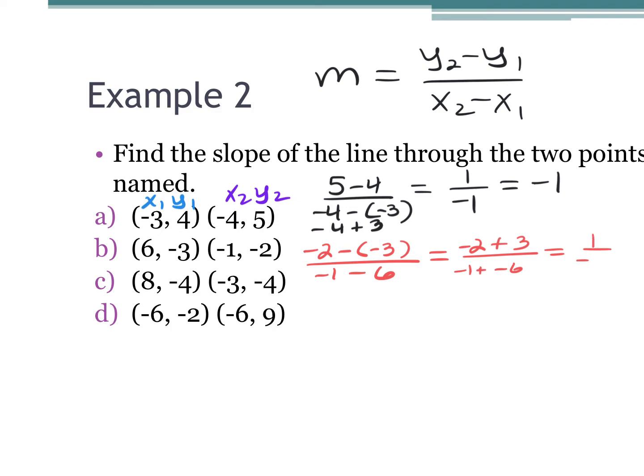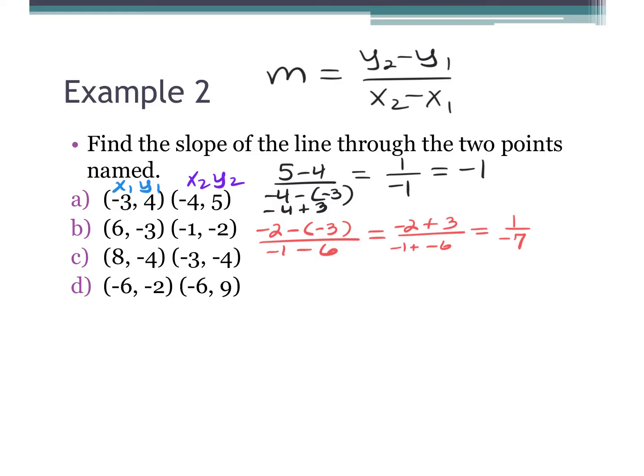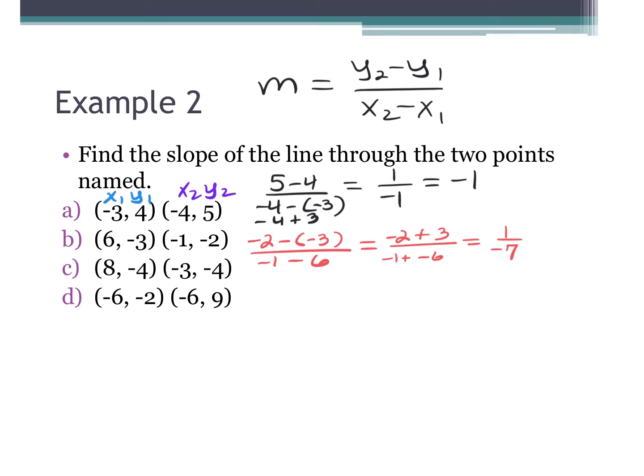And this gives me 1 over negative 7. Now, whenever you do this slope formula, if the numerator and the denominator both give you a negative number, remember, a negative divided by a negative is a positive. But in this case, the numerator is positive, the denominator is negative, so this is just a negative fraction. It's a negative slope. If you want to pull the negative sign out front, you can represent it that way as well.